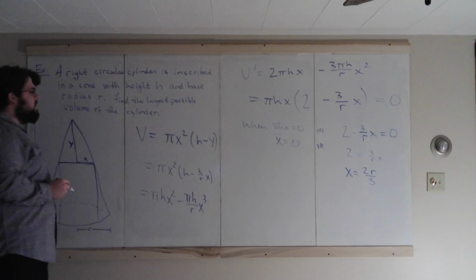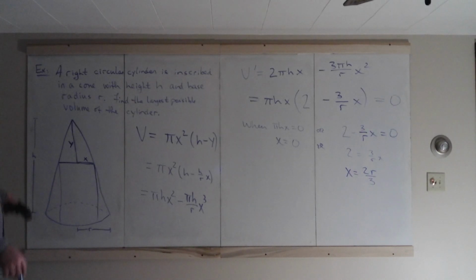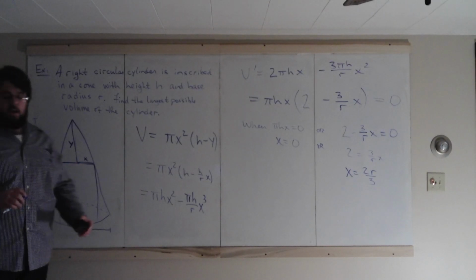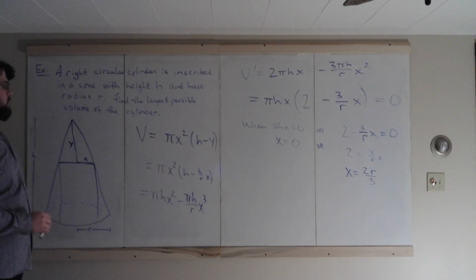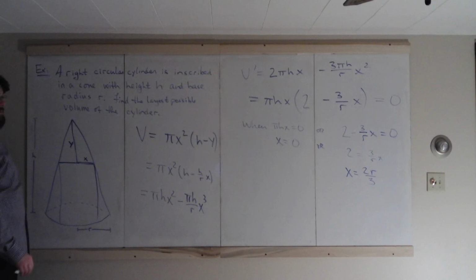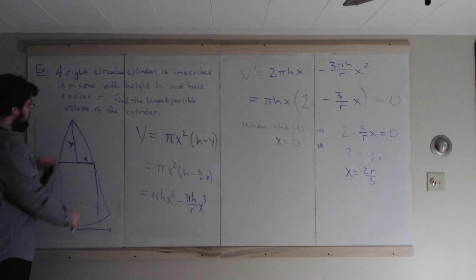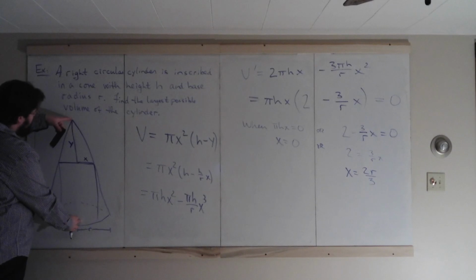Well, we have two values here. One of them is not going to be in our domain. If x equals 0, what would that look like? Well, x is the radius of the cylinder. A cylinder whose radius is 0 does not exist in 3 dimensions. It would be like a very narrow cylinder from top to bottom of the cone.